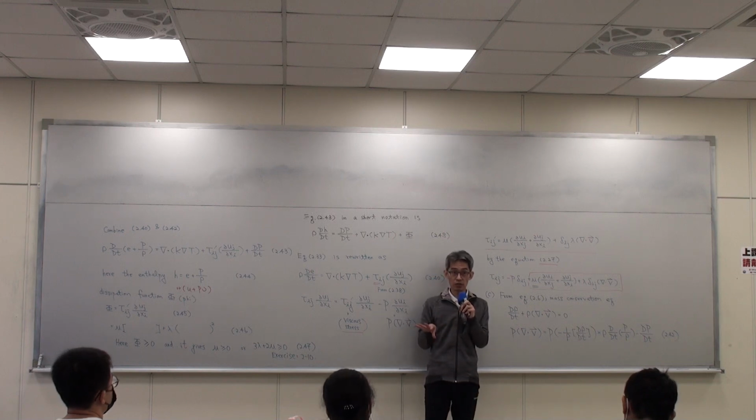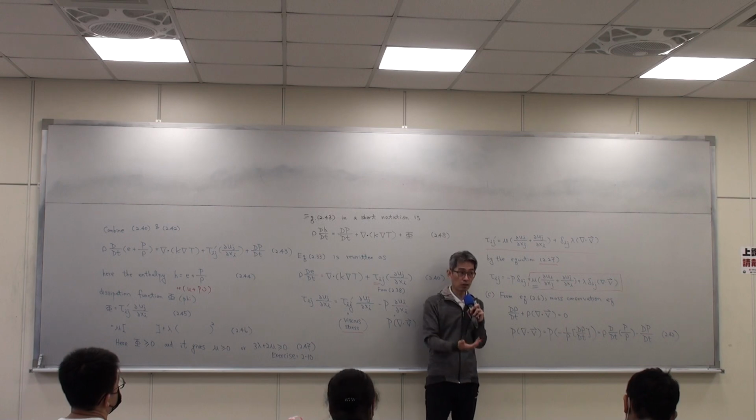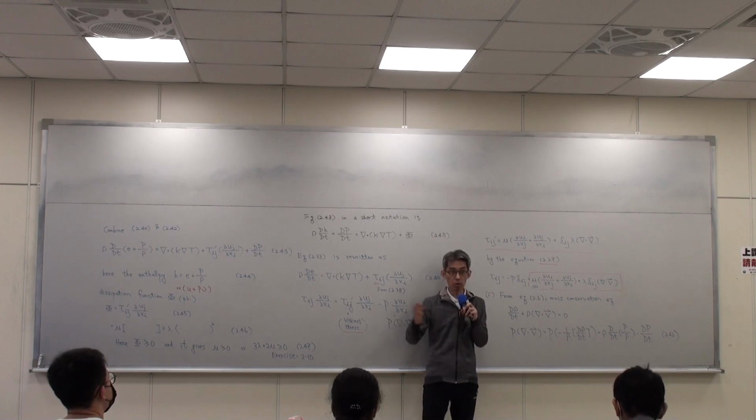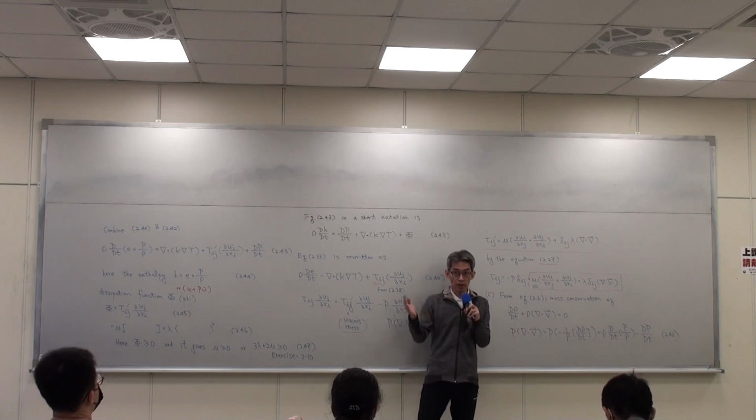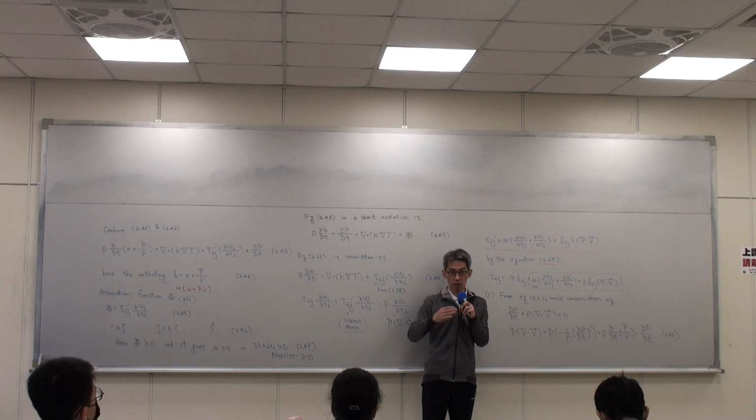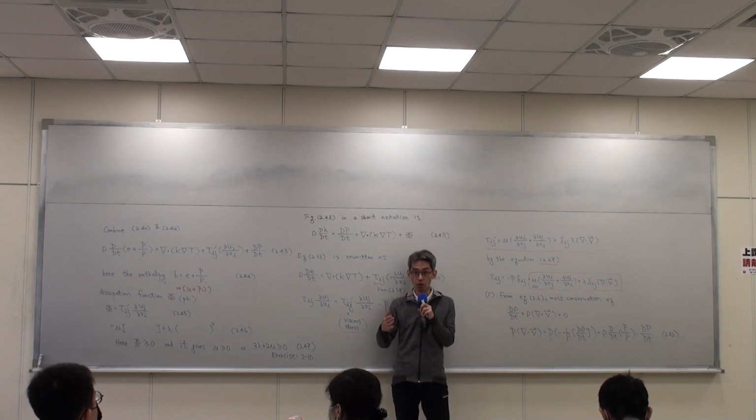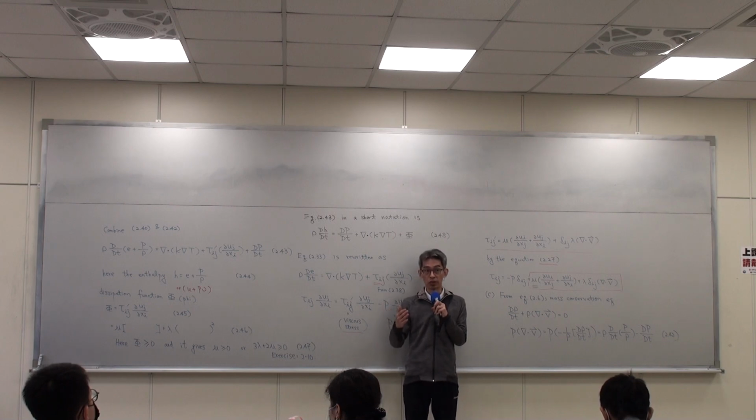Because for thermal energy, we usually use combustion or different kinds of temperature difference. Usually thermal energy we consider 10 degrees C or 100 degrees C. That kind of order compared to the mechanical energy is quite significant. They are quite different orders.